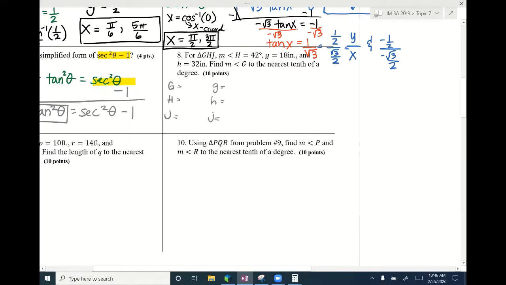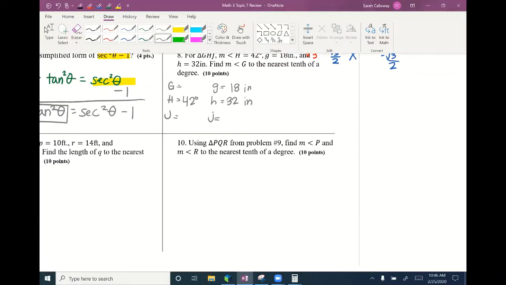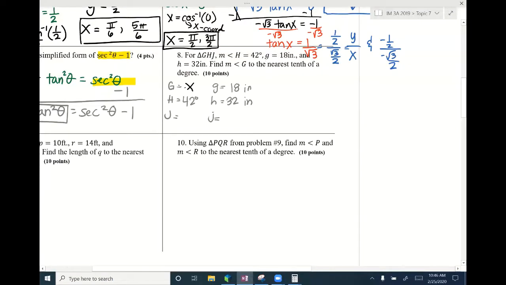So we are given that the measure of angle H is 42 degrees, that G is 18 inches, and that H is 32 inches. So they want us to find the measure of angle G. So our unknown is G. We know the side across from it. Our other knowns are angle H and side H.